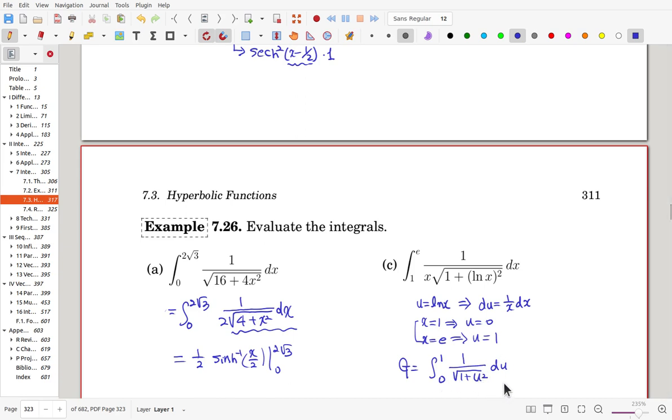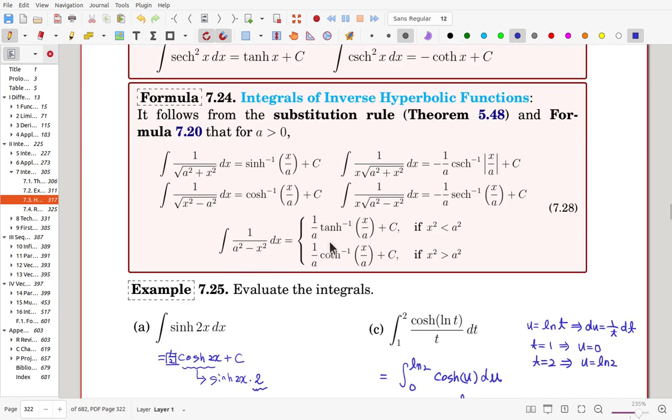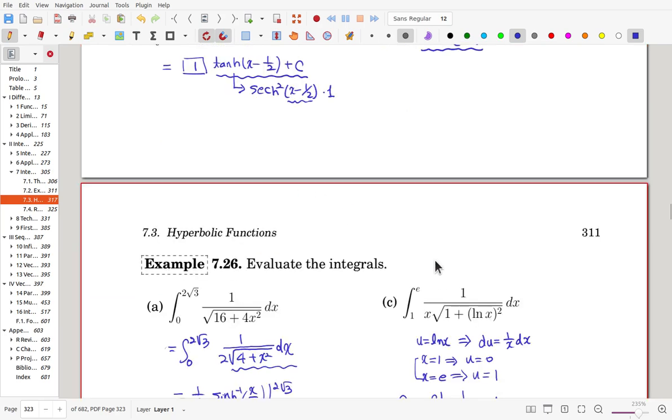Now, along with this integrand, let's go back to the formula. Then it's the case with a equal 1, so there must be inverse sine hyperbolic of x, right?